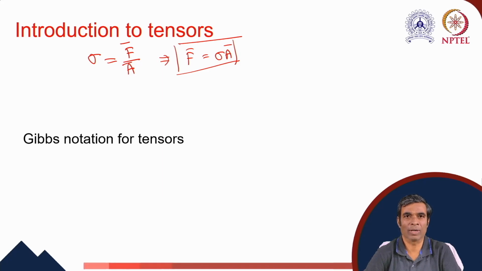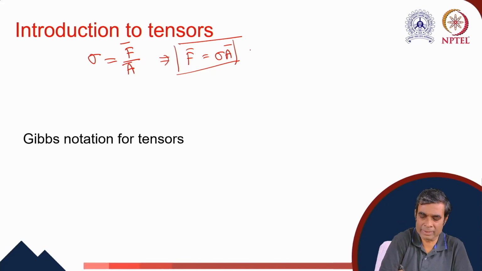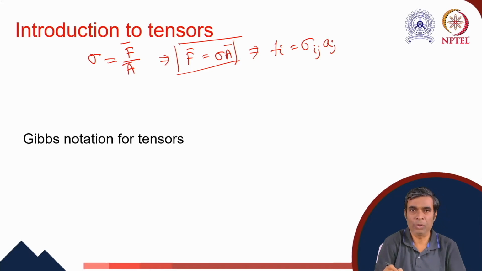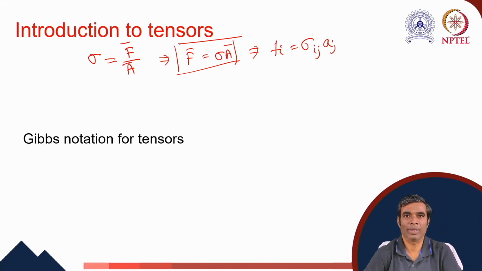Using the tensorial or indicial notation, this algebraic expression cast in vector form can be written as Fi equals sigma ij aj. We should note that vector quantities are also known as coordinate free quantities. Vectors are independent of any coordinate system. When we write V bar, we can write in component form V1, V2, V3.